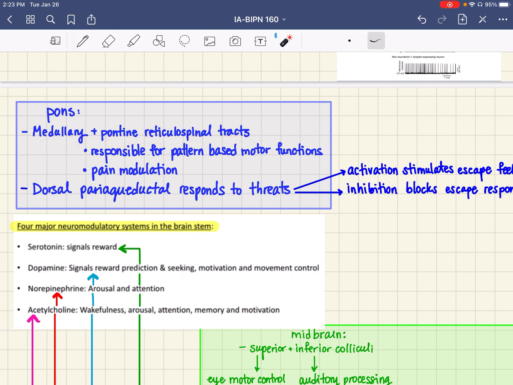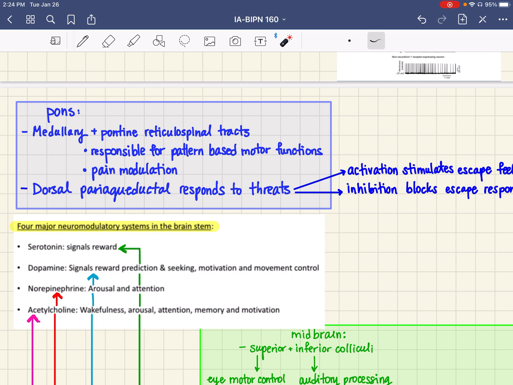They're responsible for pattern-based movement, meaning walking or running, and then it is also responsible for pain modulation. And I think Dr. Root said that opioids also bind to neurons in these tracts because opioids are against pain, right? So pain modulation neurons are also located in these tracts.